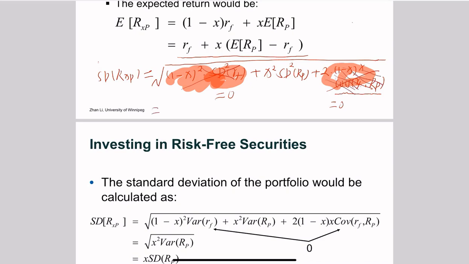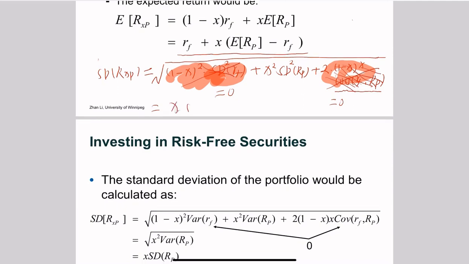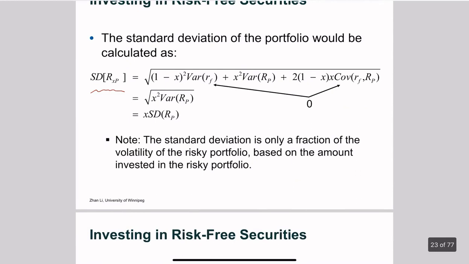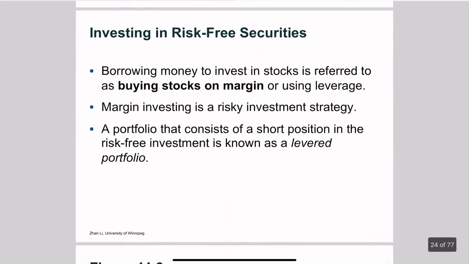So this leaves us with X times SD of RP, right? So the standard deviation of this combined portfolio equals the fraction of the money you put into this all-stock portfolio times the standard deviation of this all-stock risky portfolio.